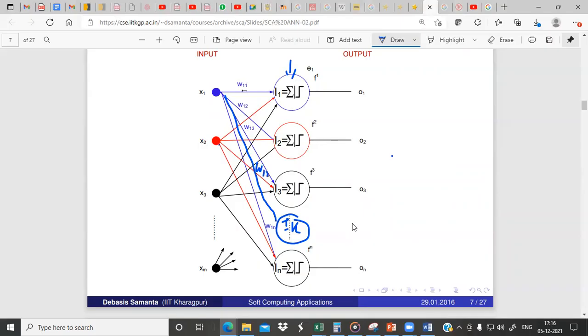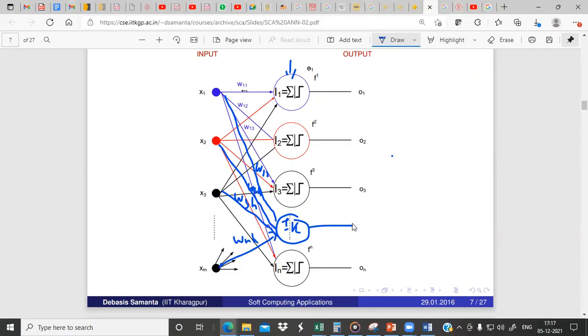The weight associated with the first input and the kth neuron will be W1K. With the second input and the kth neuron, it will be W2K. Third input and kth neuron, W3K, and so on. Mth input and kth neuron will be WMK, right?